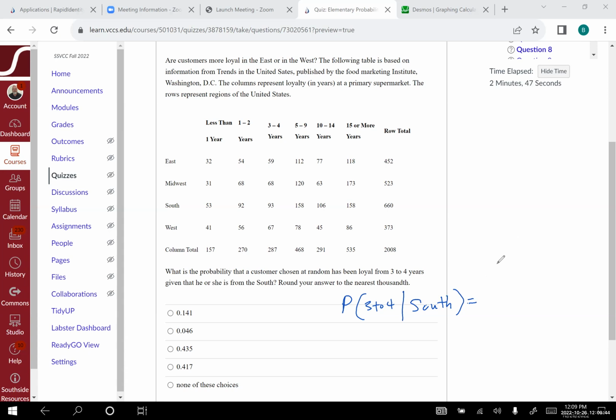And we know that our formula looks like this, generic formula.